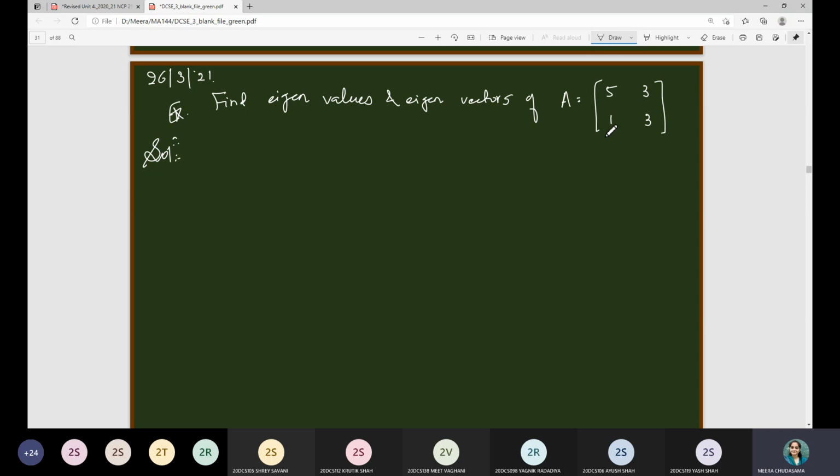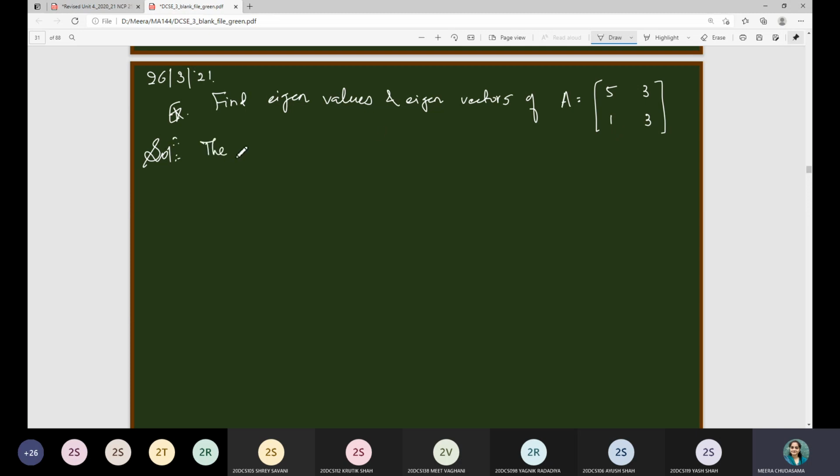One by one we can perform these steps, in which we'll first find the characteristic equation, second the eigenvalues, and the corresponding eigenvectors would be the third step as a solution of this example.